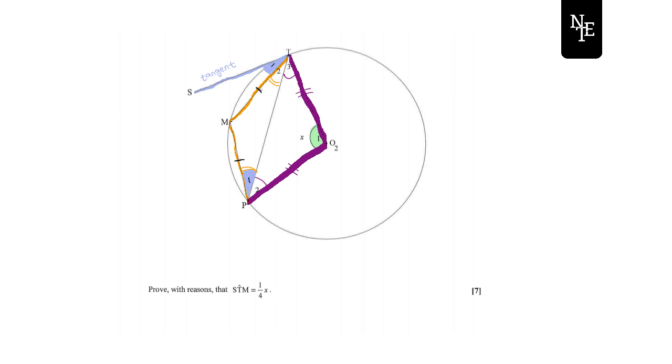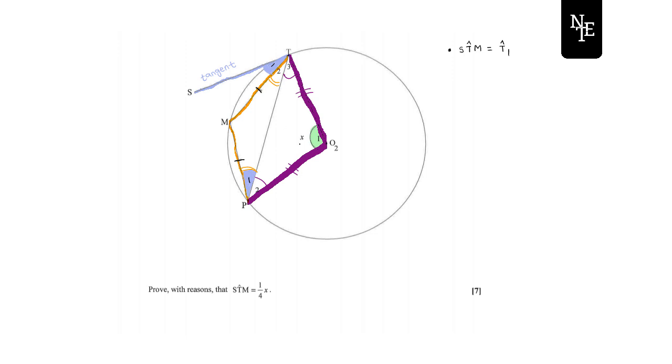Angle STM is actually angle T1. So we're going to say angle STM is equal to angle T1. That can be our first statement. There's no reason for this, it's just from the diagram.